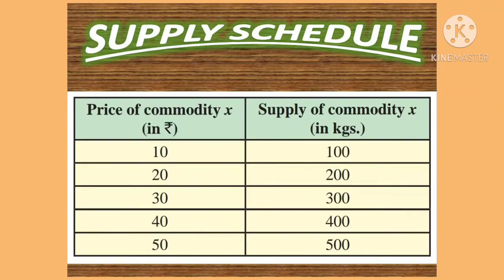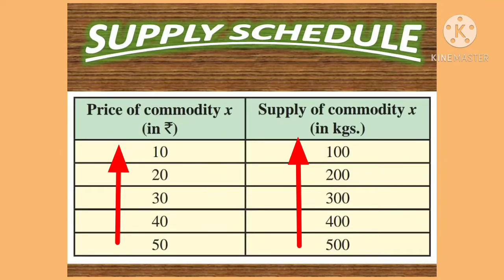When price rises from rupees 10 to 20, 30, 40 and 50, the supply also rises from 100 to 200, 300, 400 and 500 units respectively.